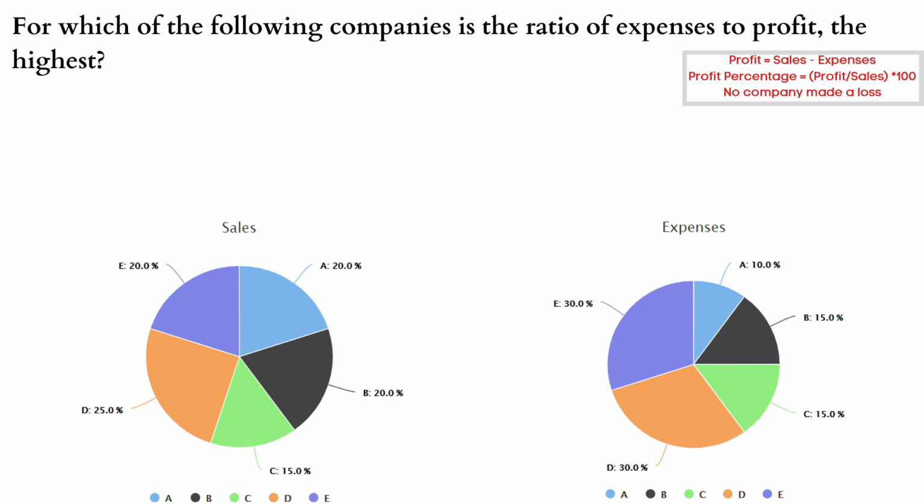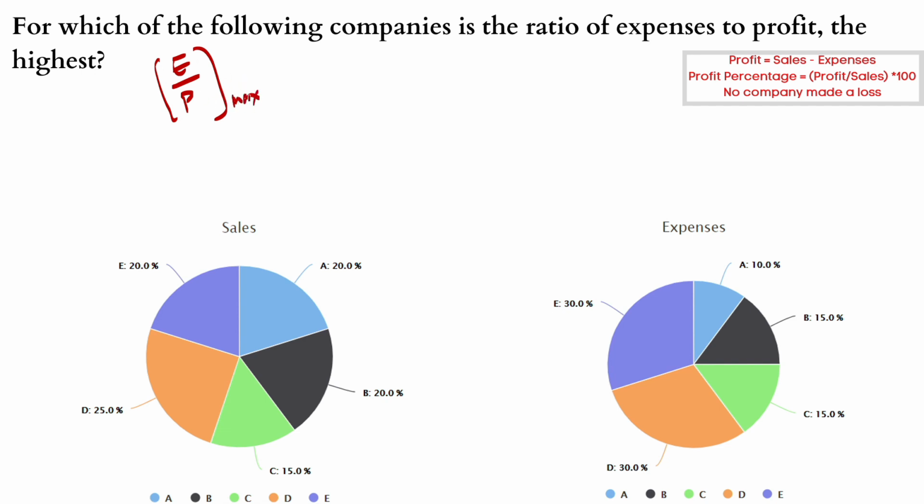For which of the following companies is the ratio of expenses to profit the highest? So what are we asked here? We are asked to find out expense by profit, right? And for which company the expense by profit is maximum.